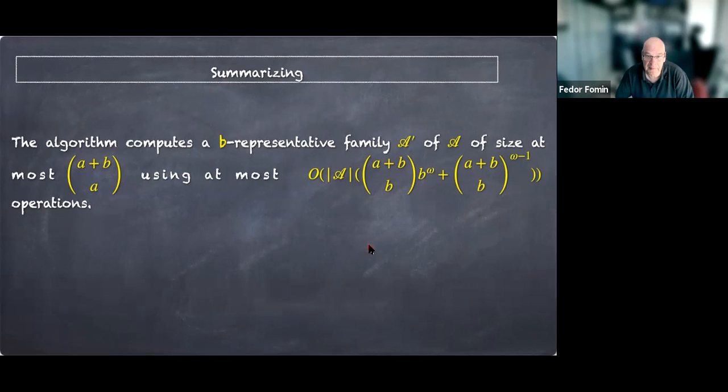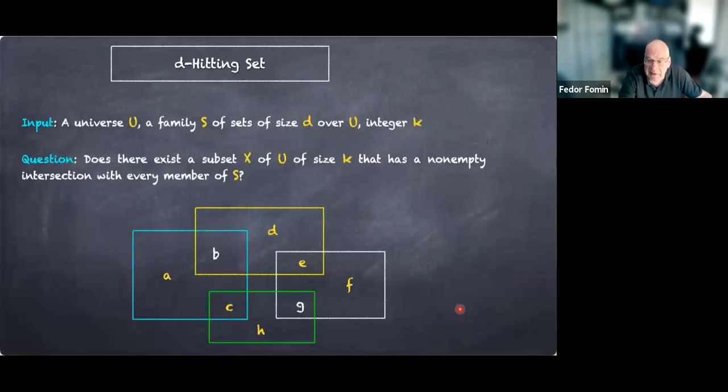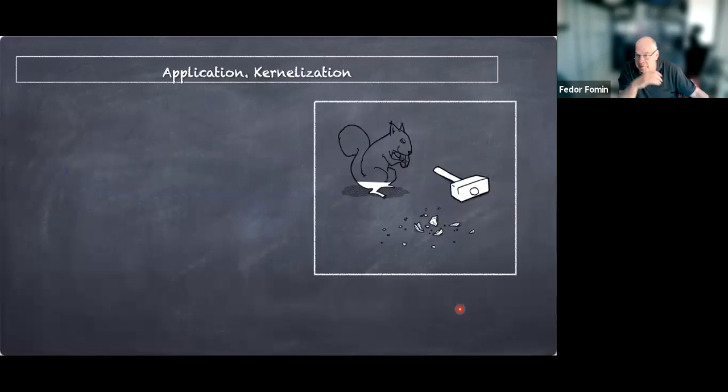And this is what I want to use in the applications of this algorithm. And the applications are in kernelization. Kernelization is a subarea of parameterized complexity, and at first glance, it's trying to achieve something which is impossible.